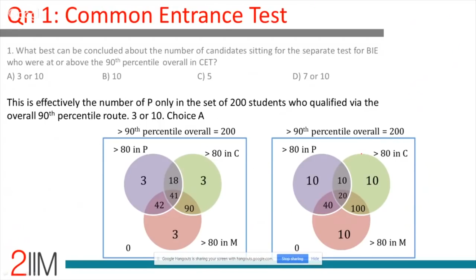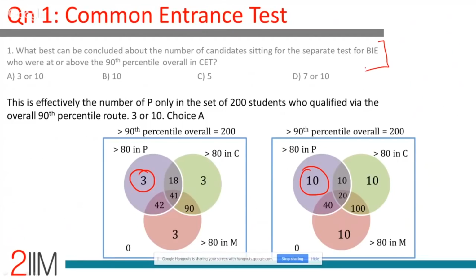They're not writing AET. They're writing the separate exam for BIE. They should have got above 80th percentile in P, but not in C or M. Effectively, this question is saying, give me the number sitting inside P only in your Venn diagrams. P only could be 3, P only could be 10. Very simple question, but incredibly trickily worded.